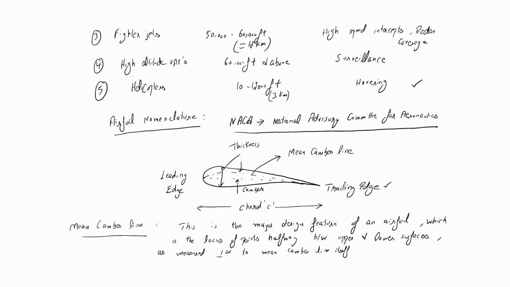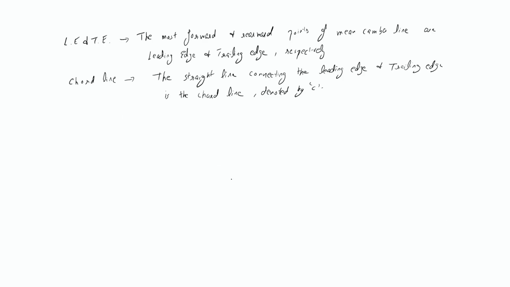Now finally, what is the camber? From the figure itself, you can make out that the camber is the maximum distance between the mean camber line and the chord line when measured perpendicular to the chord line itself. Alright. I am expecting you to write notes with me. Please take a pen and paper and write notes along with me.